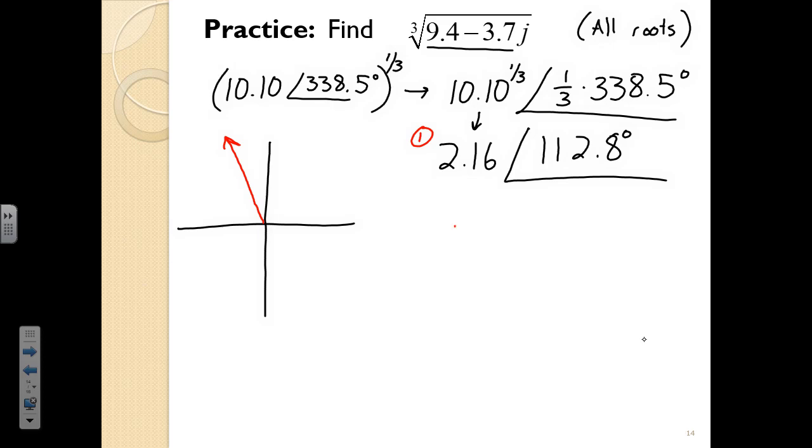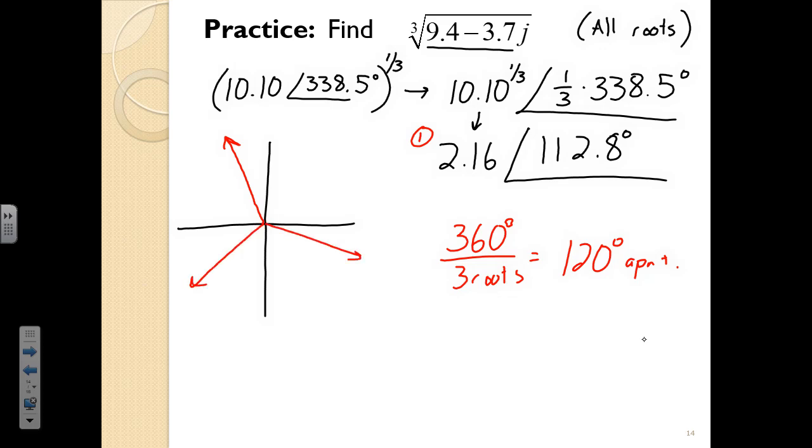Pretty clear to see here that we have 360 degrees divided by 3 roots. That means that they are going to be 120 degrees apart. Judging by our picture here, if we go 120 degrees, we should have one somewhere down here and another one maybe somewhere right about there. So there's where our 3 roots should lie. So what are the other roots?